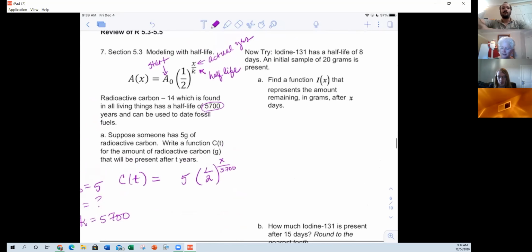Okay, so y'all try this one with iodine 131, which has a half-life of 8 days and an initial sample of 20 grams.